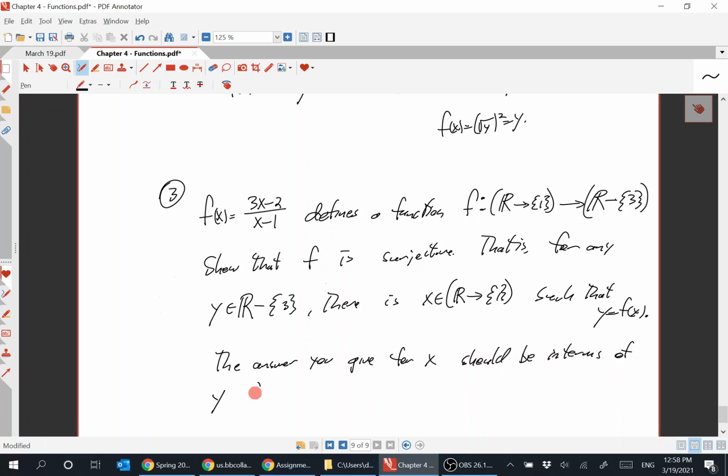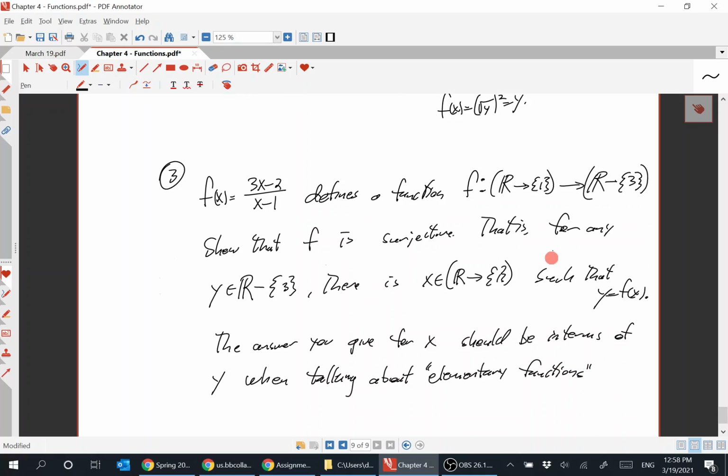...of y, when talking about algebraically defined functions. Elementary functions from calculus.